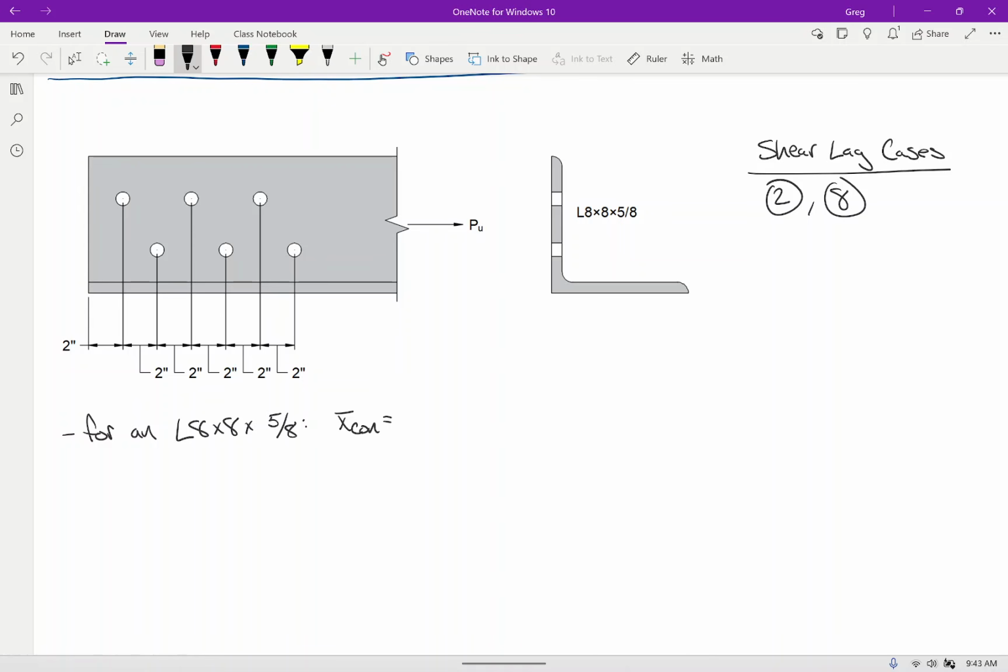Why? Because this is an equal leg angle. If it is an unequal leg angle, they will not be the same. Basically what we're saying is, how far do you get from here to the centroid? Because these are the same legs, it's going to be the same distance. And by the way, what is that distance? 2.21.